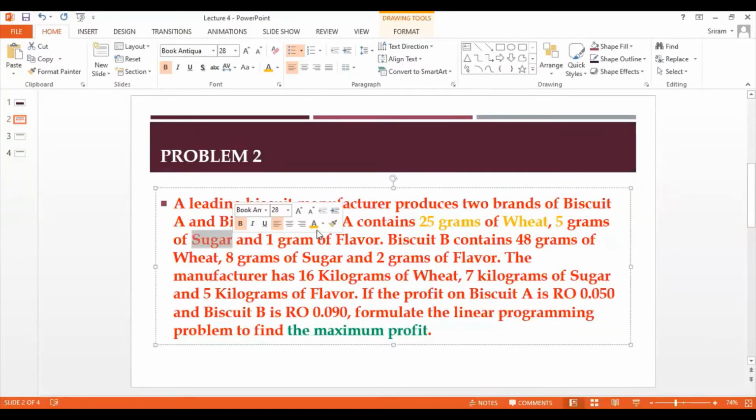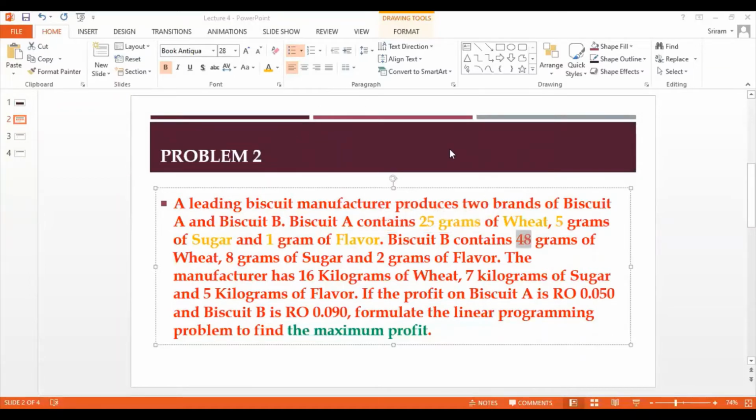We need 1 gram of flavor. So we have three different resource requirements. The same idea is given for the next one also.